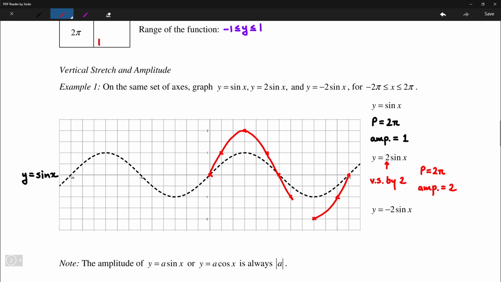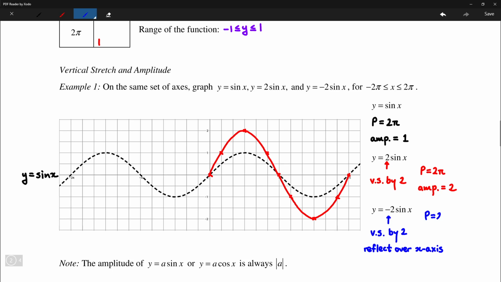And of course, next up we have also y equals negative 2 sine x, so that would be the vertical stretch by 2, and also a reflection about the x-axis. Now the period, of course, is still 2 pi.